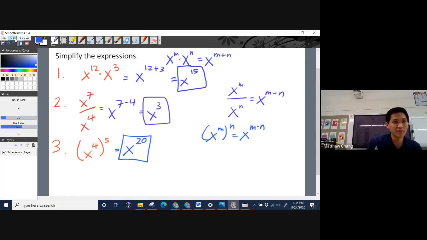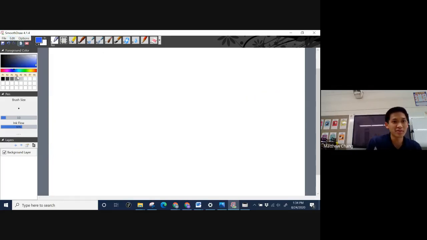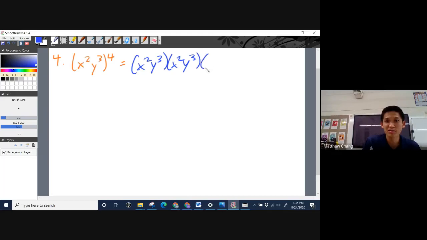I'm going to clear the screen because this is getting a little messy. All right, so fourth example: x squared y cubed, raised to the 4th power. One way that you could do this is you could write it all out: x squared y cubed times x squared y cubed times x squared y cubed times x squared y cubed.